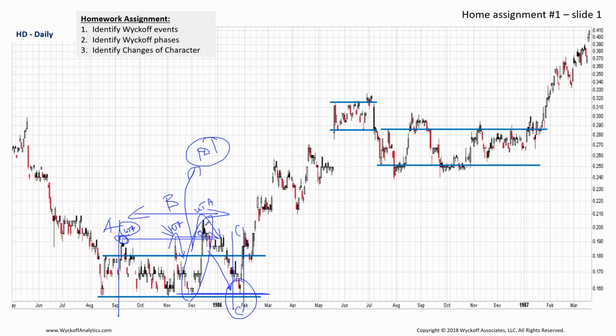The ones that are showing us some bullish activity and that are going to look like a phase D sign of strength could be labeled as upthrust action as a minor sign of strength.